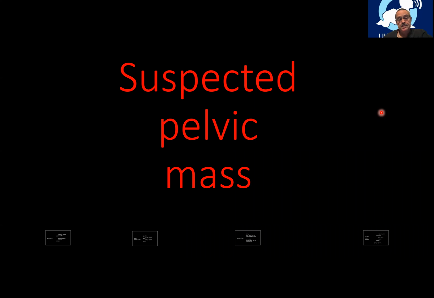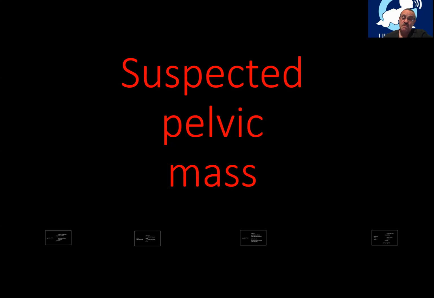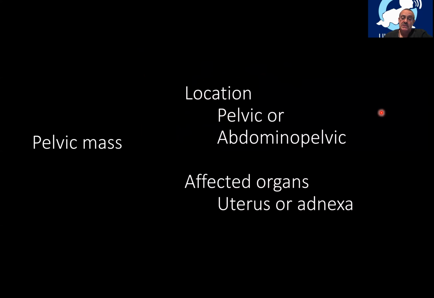Another topic. What if we suspect a pelvis mass? Well, we need to know the location of the pelvic mass, if that's a mass limited to the pelvis or outside the pelvis, inside the abdomen, and the exact relationships or the affected organs, uterus, adnexa, or both.